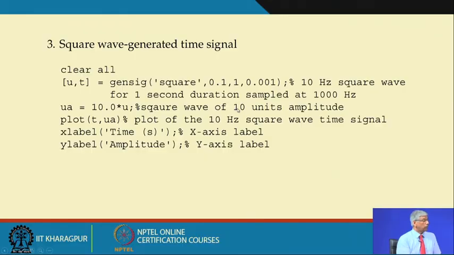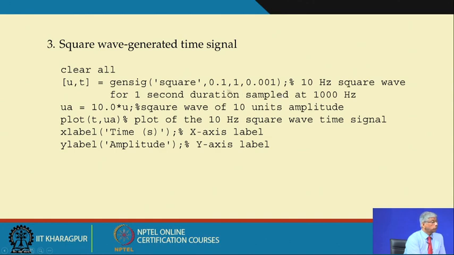Now, with this, let us go to another program, wherein I am generating a square wave by giving this expression gen t, for 1 second duration, sampled at 1000 hertz.